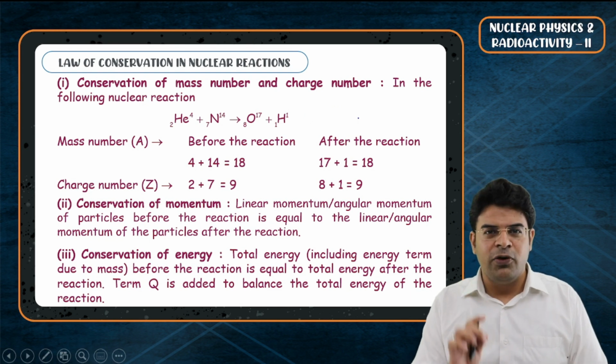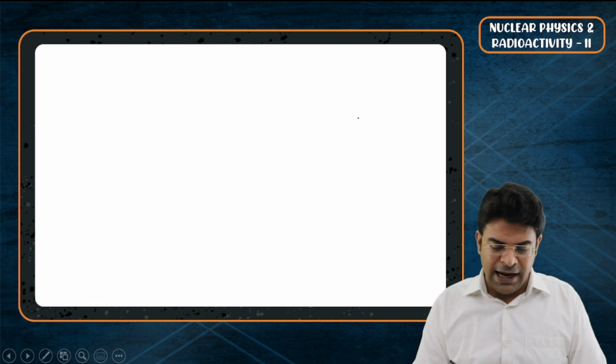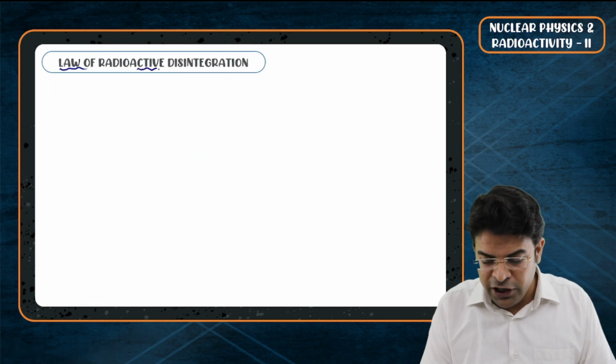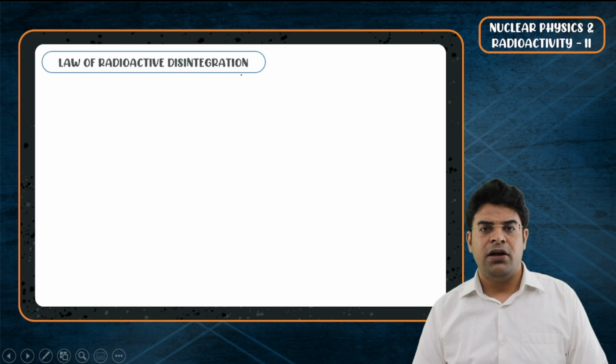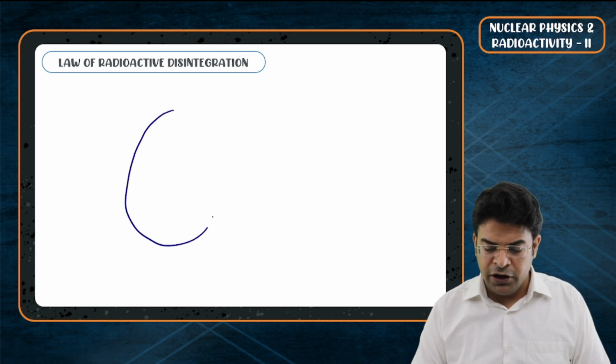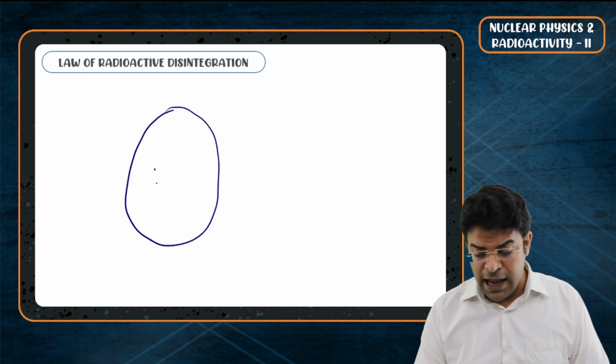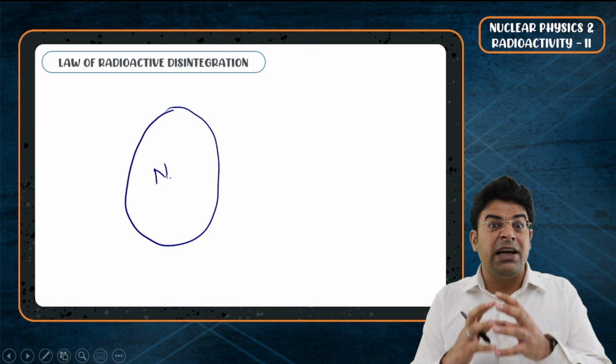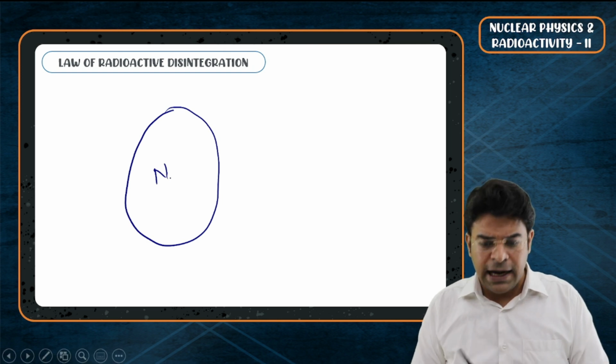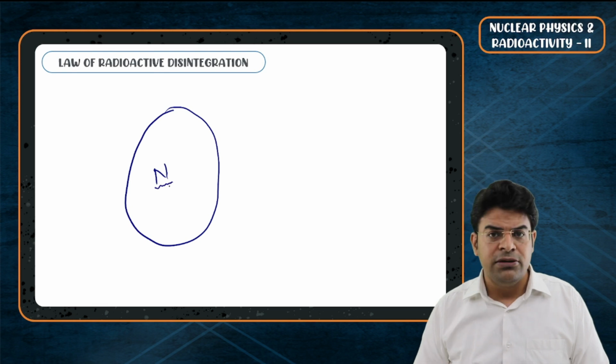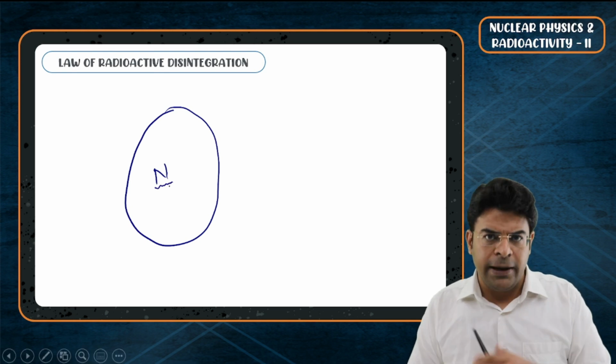Now let's talk about the most important thing of this hour, and that is the law of radioactive disintegration. Let's say we have got a radioactive substance and we have got N number of radioactive nuclei. So we know that these radioactive nuclei disintegrate over the period of time.